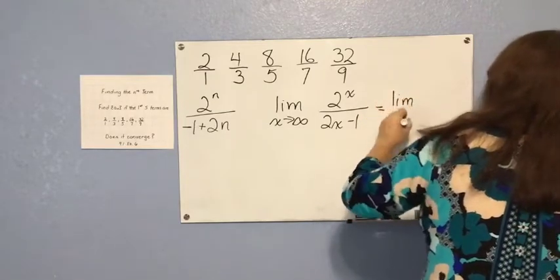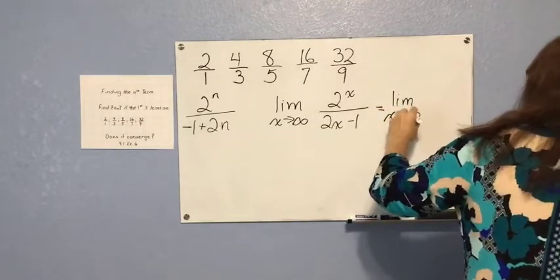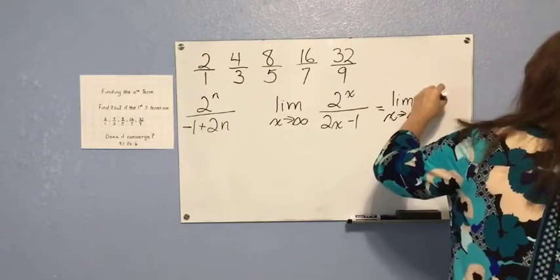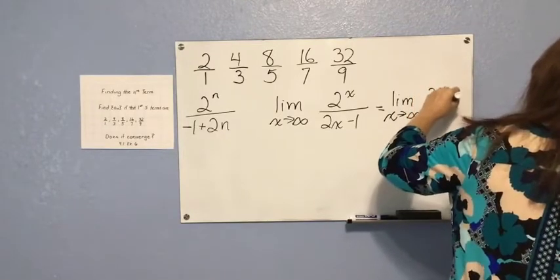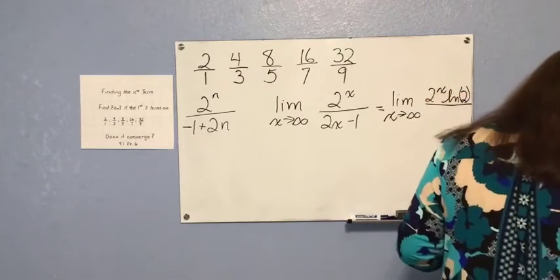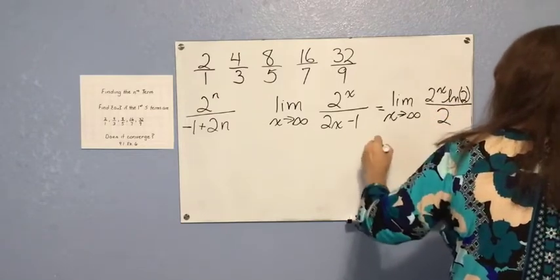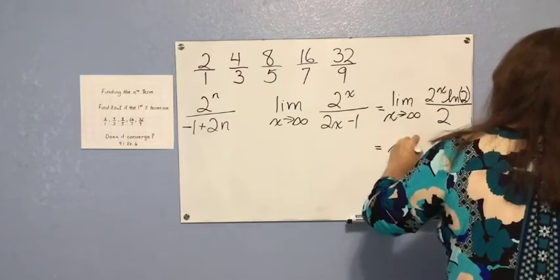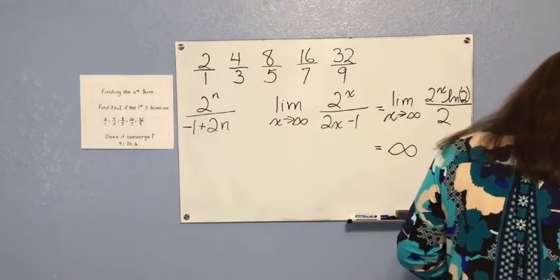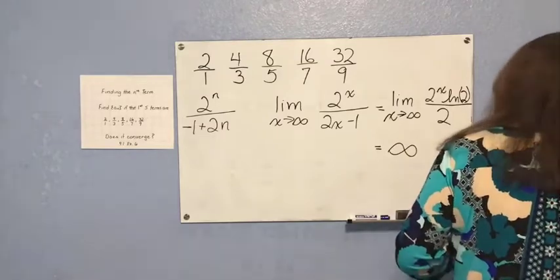I get the limit as x goes to infinity, 2 to the x natural log of 2 divided by 2. And that is infinite. So we could say that this sequence diverges.